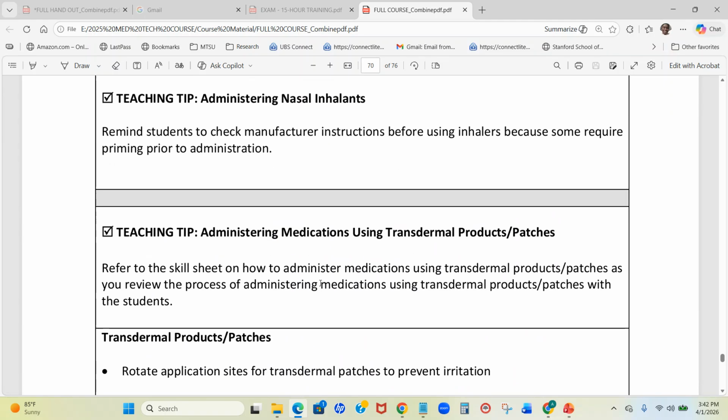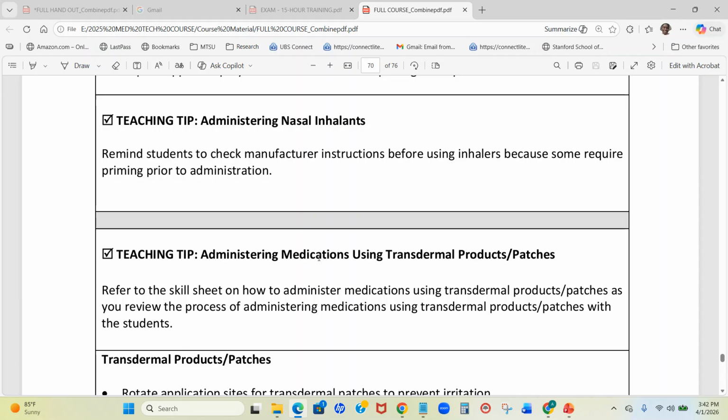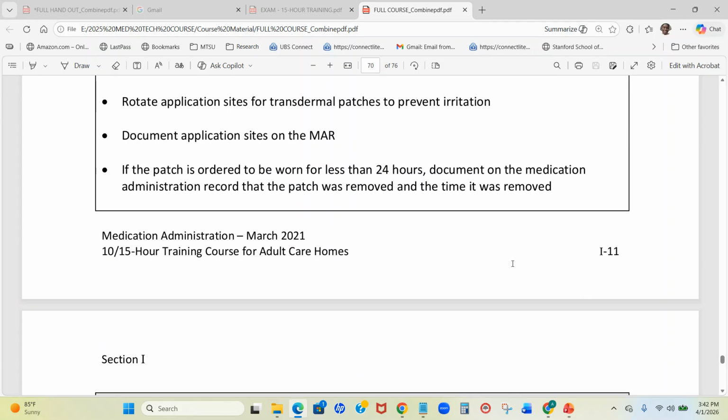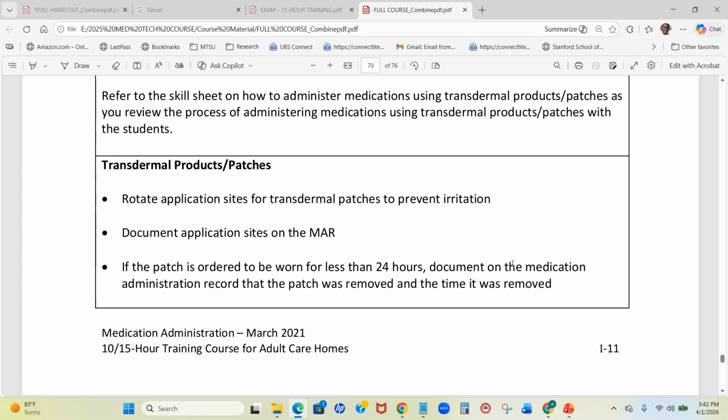So when there is a transdermal, always put on your gloves, because the medicine can get on your fingertips. Rotate application site for transdermal patches to prevent irritation. Document application site on the MAR.